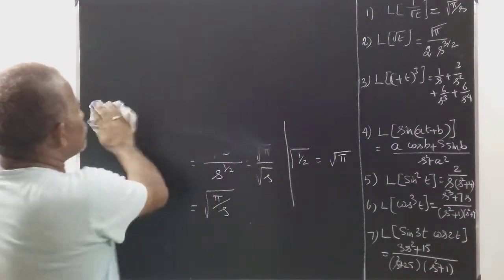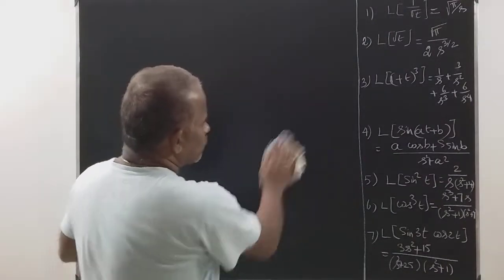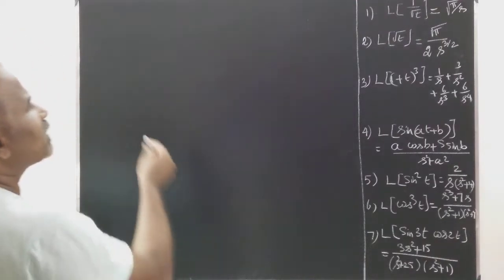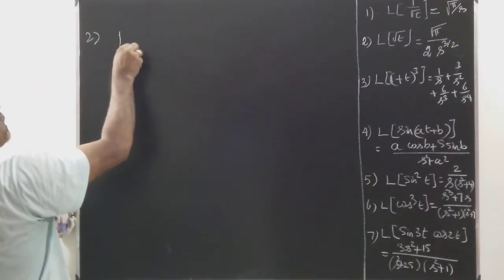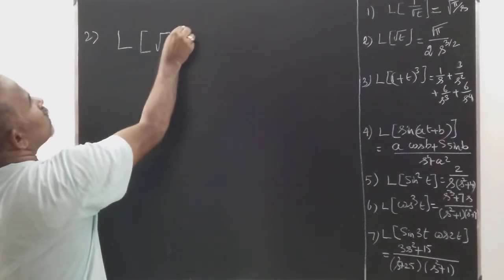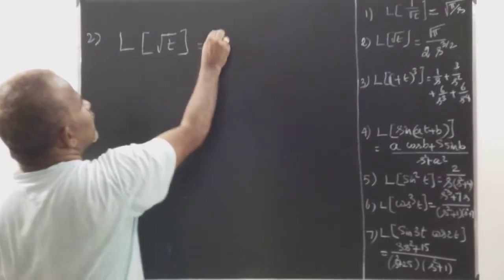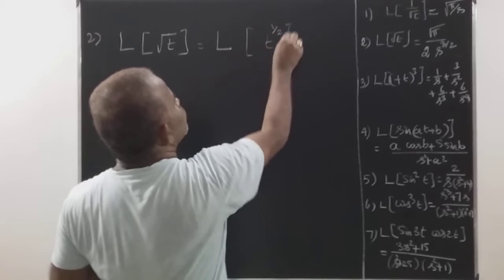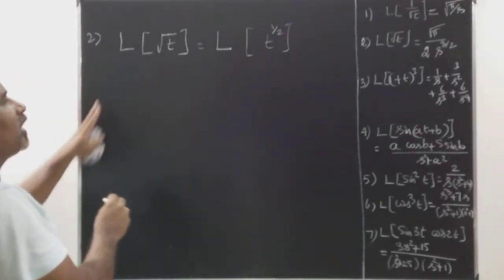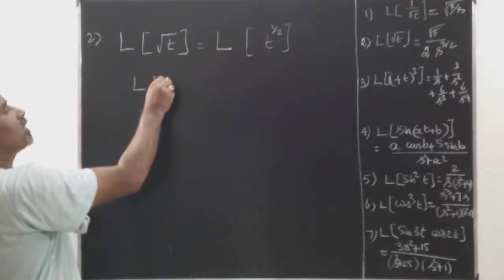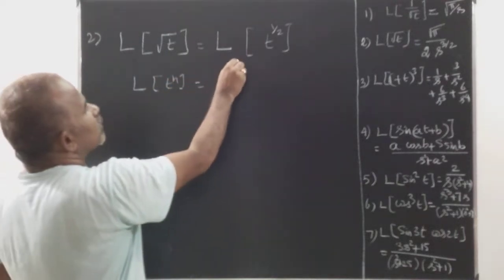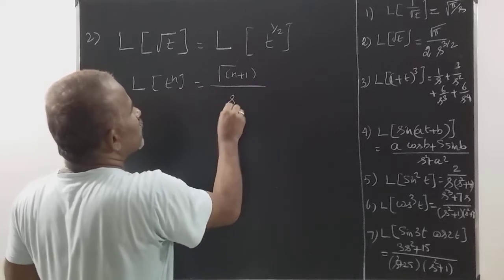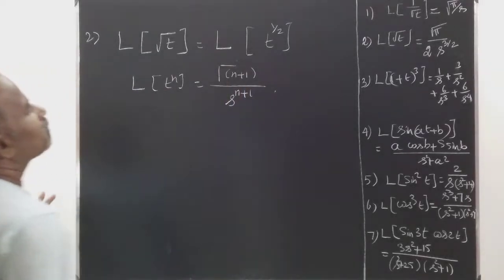The problem number 2 is Laplace transformation of square root of t. This is equal to, again I can write, Laplace transformation of t power 1 by 2. Again we know that Laplace transformation of t power n is equal to gamma n plus 1 divided by s power n plus 1.